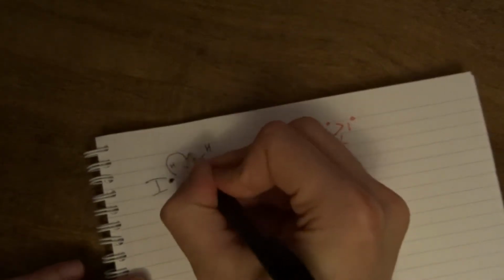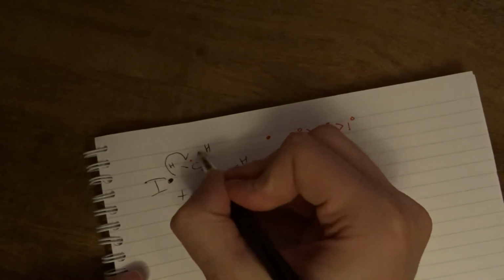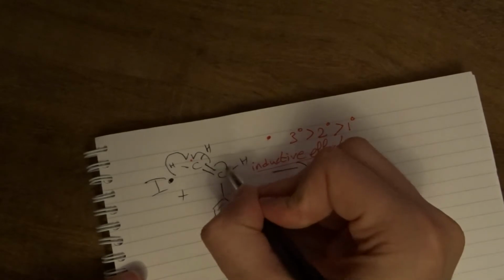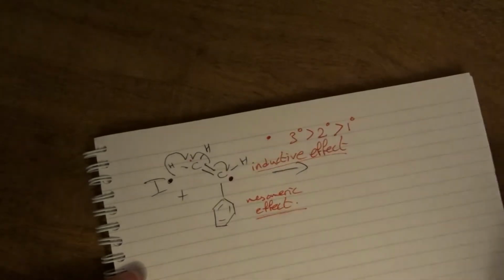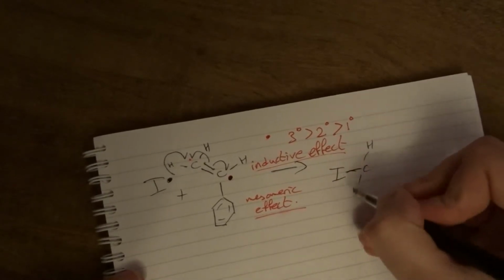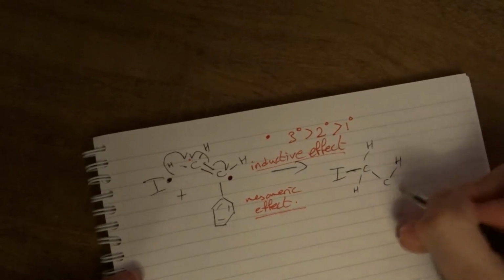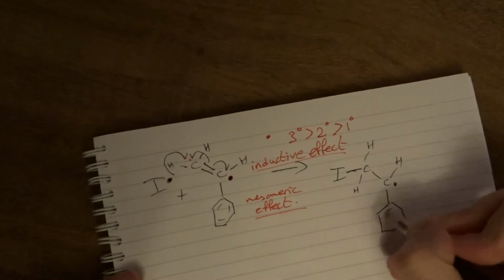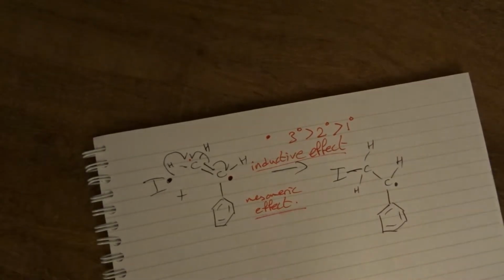So if we draw the structure, we see that the radical will go here. The 2 electrons of those bonds will be broken and go here to form a covalent bond with the initiator, and here we form a stable radical. So initiator, stabilized radical by the inductive effect, and then stabilized by the ring, the mesomeric effect.